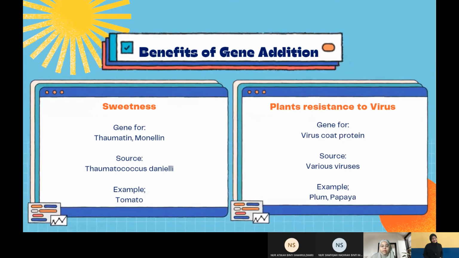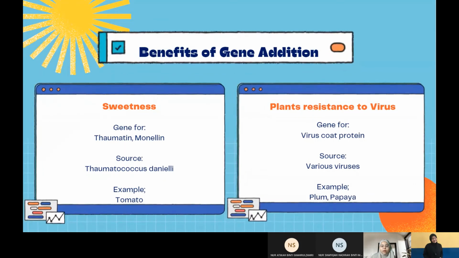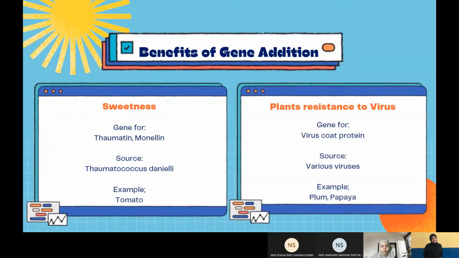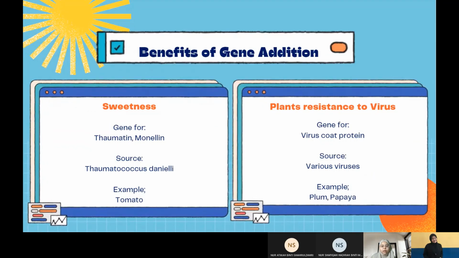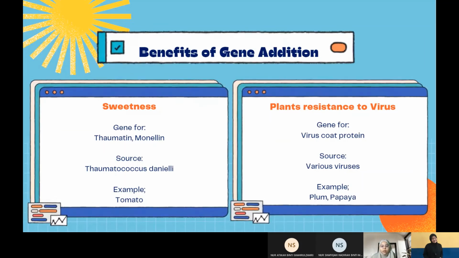It all started in the 1990s, when ringspot virus disease nearly wiped out the Hawaiian papaya crop. So they made a GMO papaya named the Rainbow papaya, which is resistant to the ringspot virus, and it eventually saved the papaya industry in the Hawaiian islands.